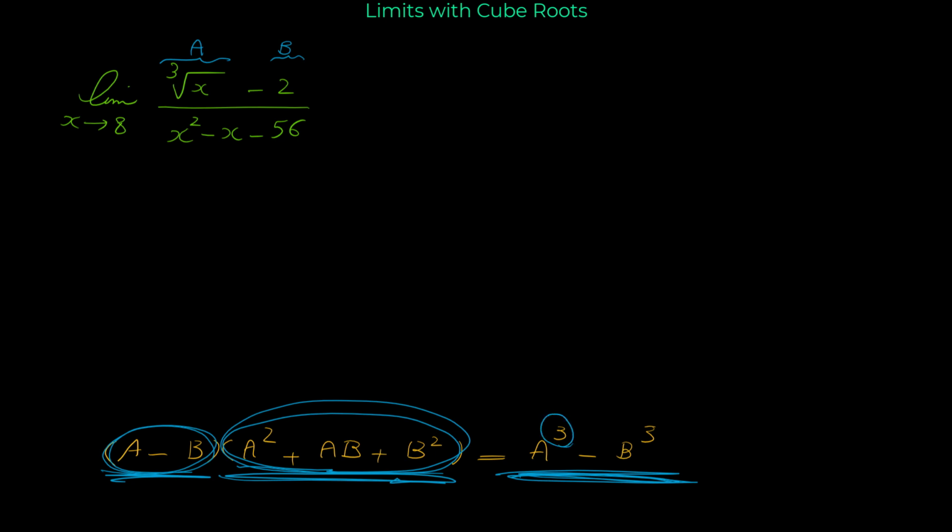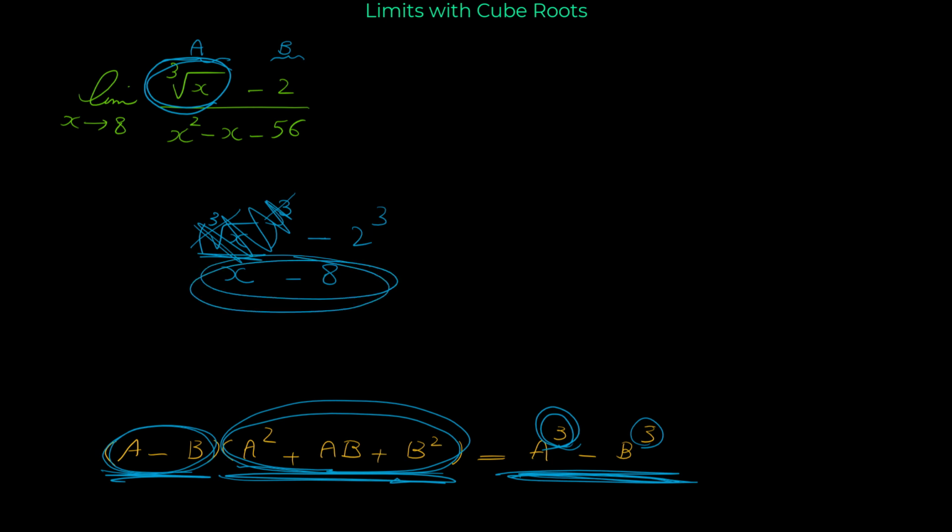These power 3's for a and b will help us to get rid of this cube root. Attention, a to the 3, in this question a is cube root of x. If we raise it to the 3 minus b to the 3, what is cube root of x to the 3? The power 3 and cube root cancel, and this equals x, and the other one, 2 to the 3, is 8.